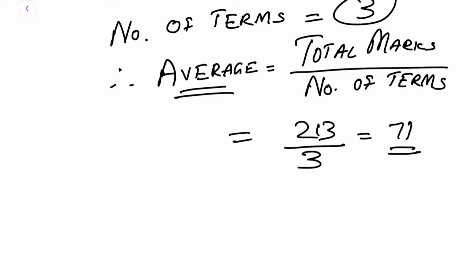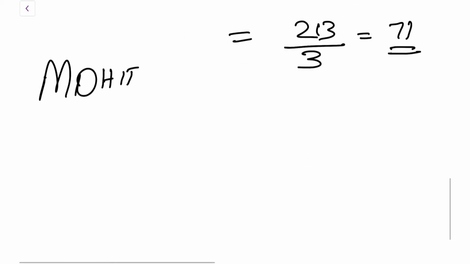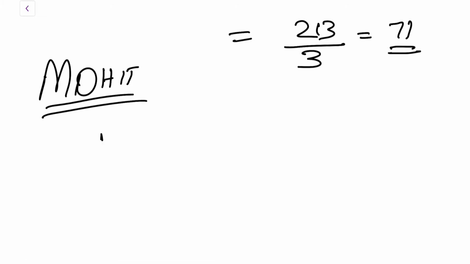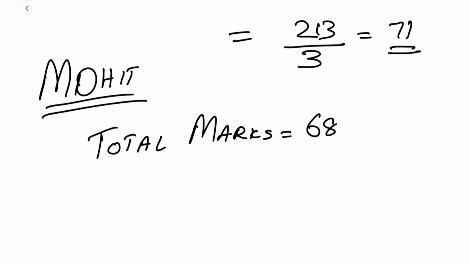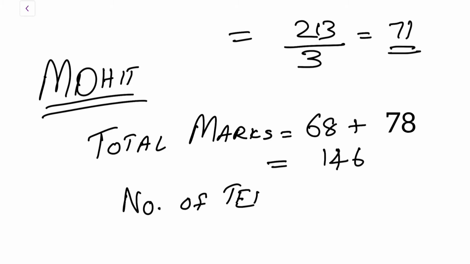Alright. Now let's move to Mohit. What is the total that Mohit scored? That comes to 146. And this is for how many terms? It's given as 2 terms.